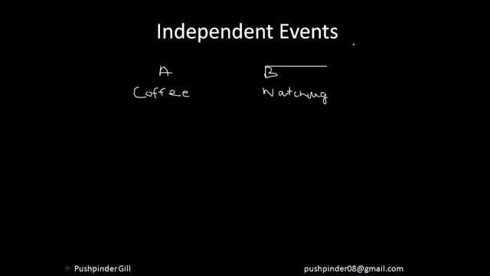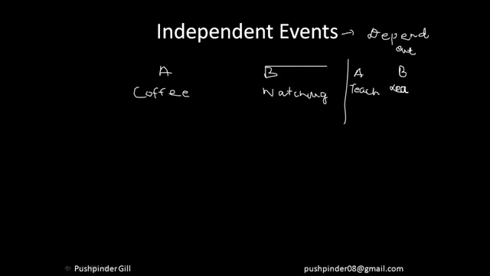Now, besides independent events, there are dependent events. Dependent events are those which depend upon each other. Let's suppose event A is me teaching you the concept, and event B is your learning.